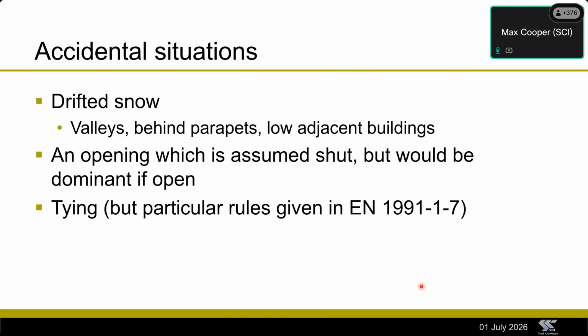But at the moment we're focusing on the first generation Eurocodes, and in the first generation Eurocodes, drifted snow, that is snow that accumulates in a valley or behind a parapet, is considered an accidental design situation.